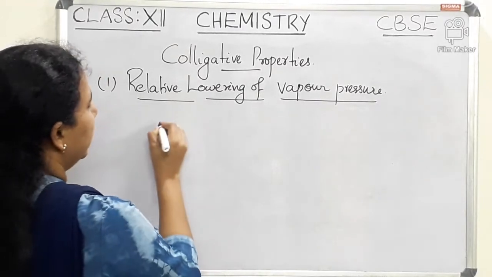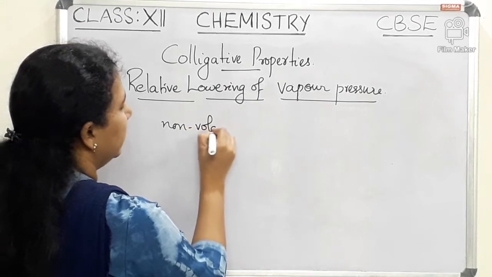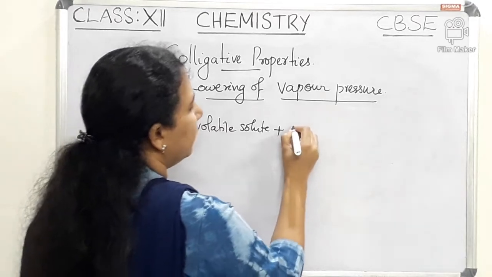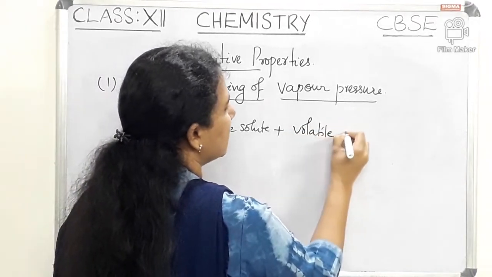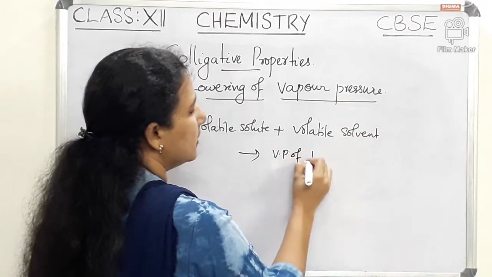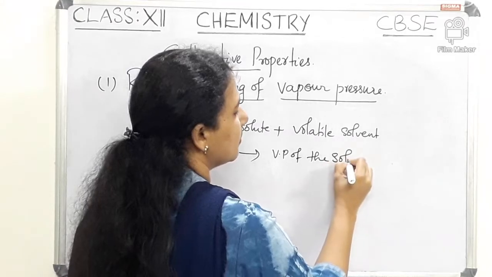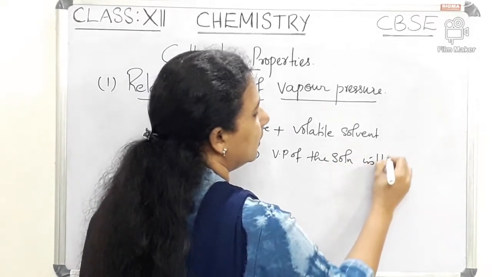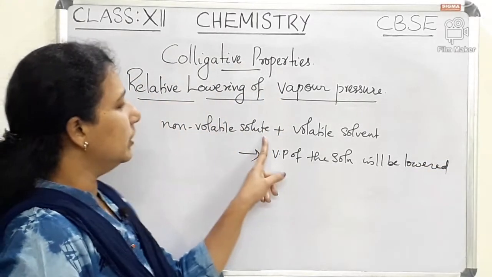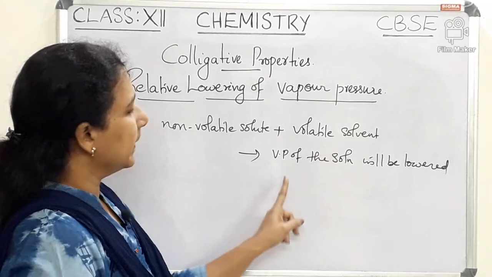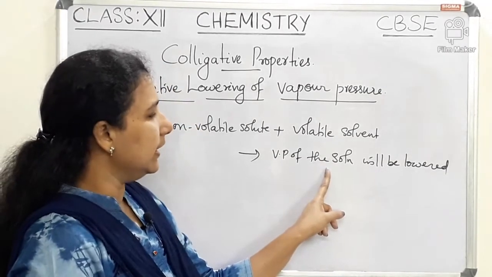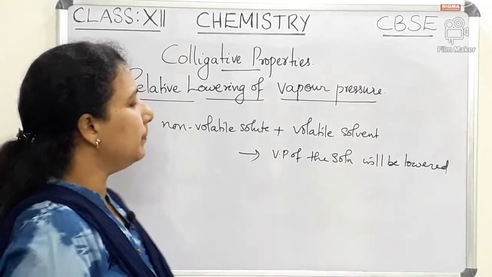We have learned that when a non-volatile solute is added to a volatile solvent, the vapor pressure of the resulting solution will be lowered. We have already studied that. That means it is actually less than the vapor pressure of the pure solvent.